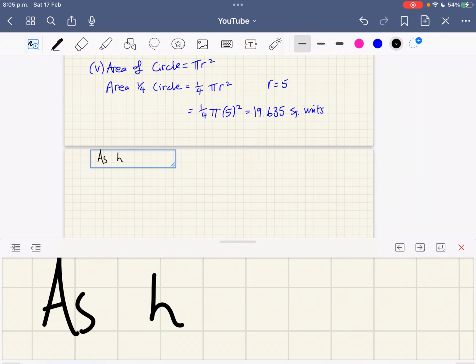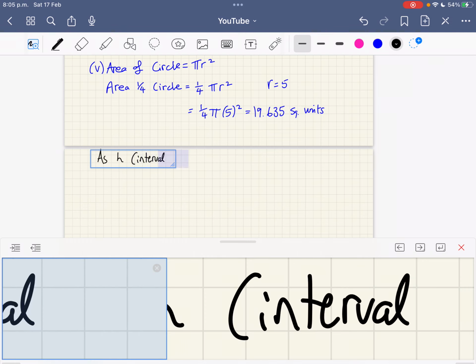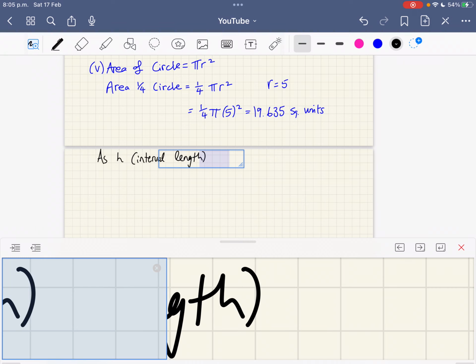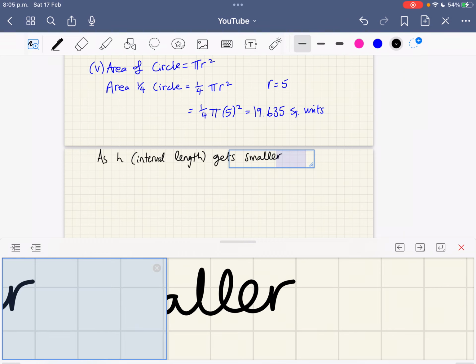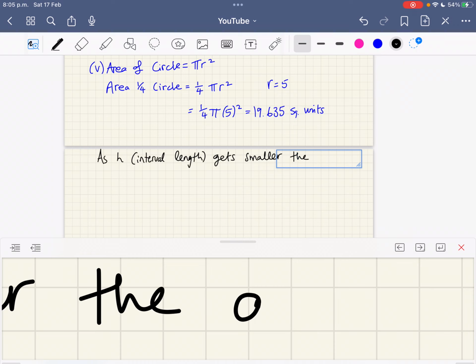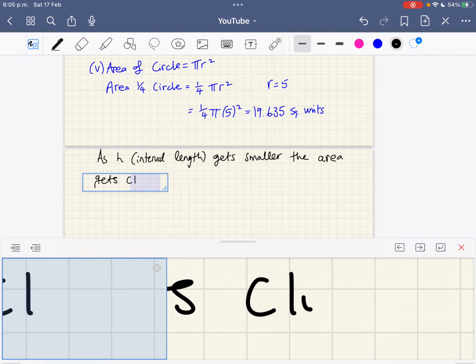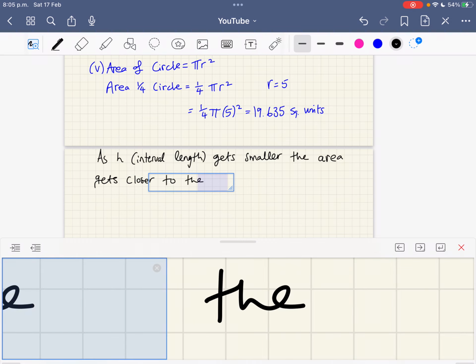So as h, your interval length, as that gets smaller, the area gets closer to the actual value.